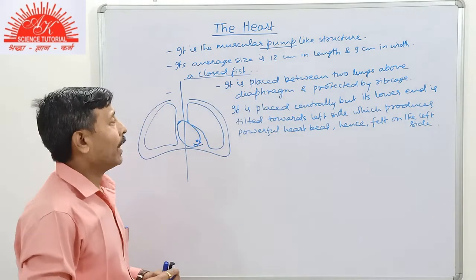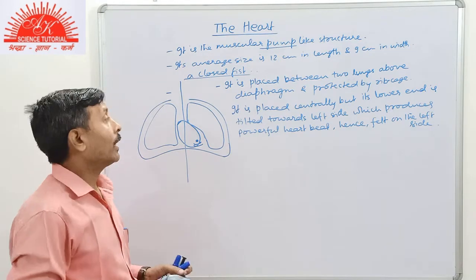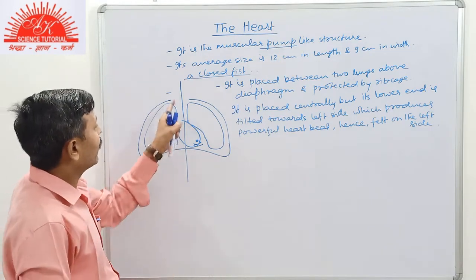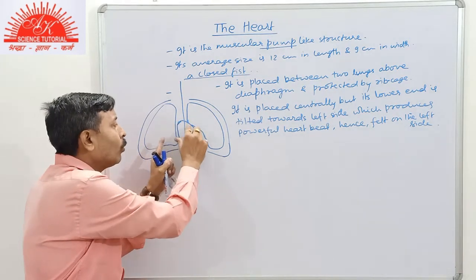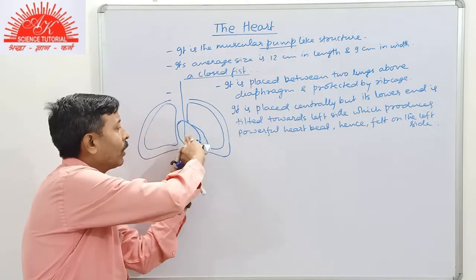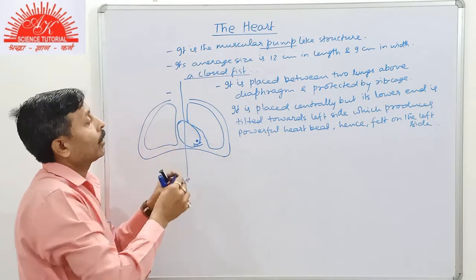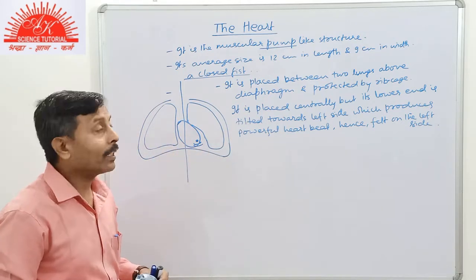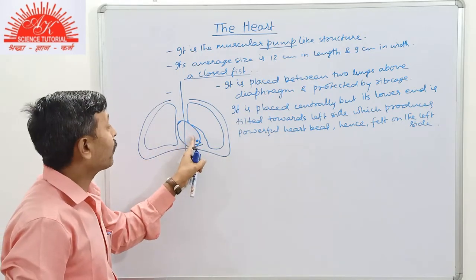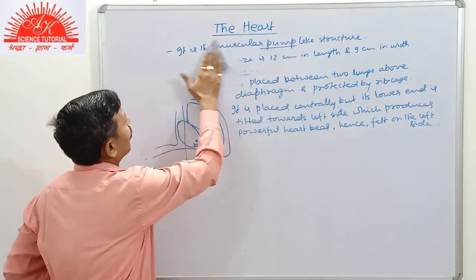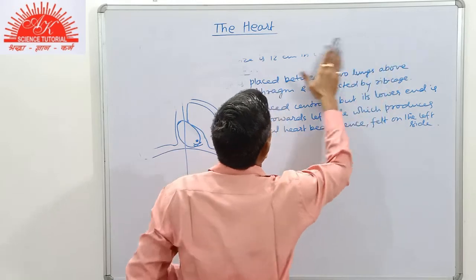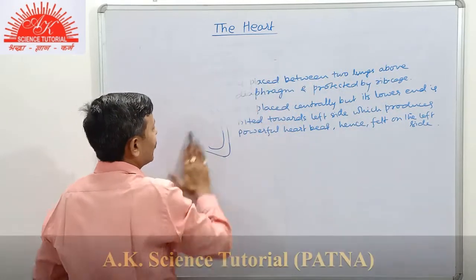So this is about its location: the heart is located centrally in between the two lungs, but since its lower pointed end is tilted towards the left side, which produces a powerful heartbeat, the heart sounds are felt on the left side, or we say that the heart is placed on the left side in the thoracic cavity.